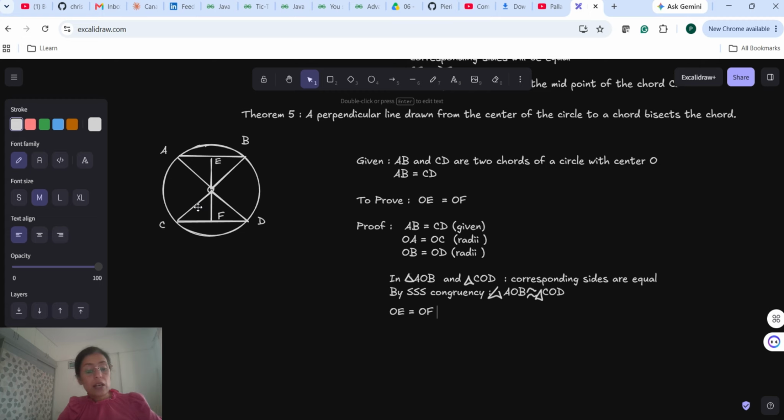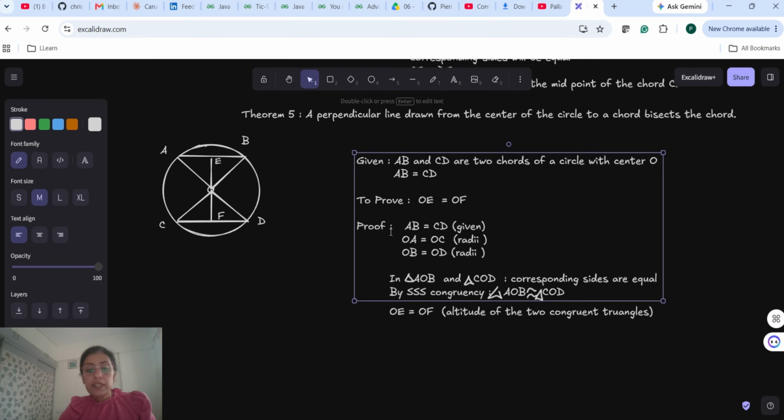Because these triangles are congruent, their sides are all equal. So the distance from the vertex to the opposite side, which is the altitude, will be equal for the two congruent triangles. Right? That is how we have proved it.